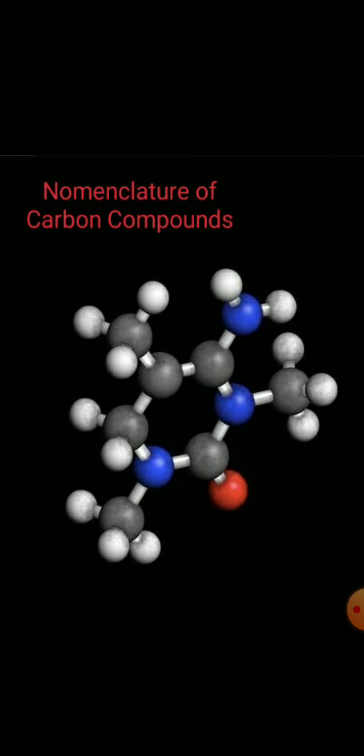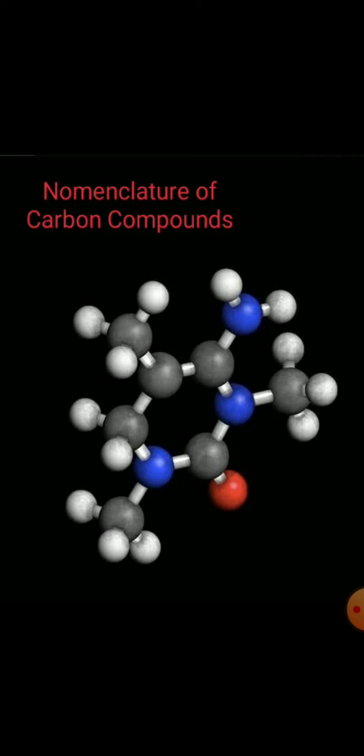Now, there are some steps for naming the carbon compounds. So, these steps need to be followed. First, we have to identify the number of carbon atoms in the compound. If a compound is having 3 carbon atoms, it would have the name propane.